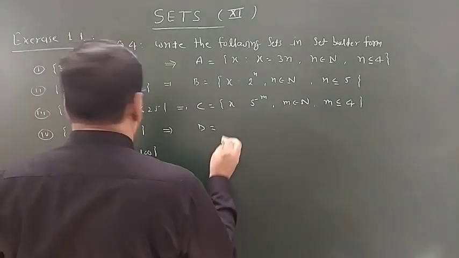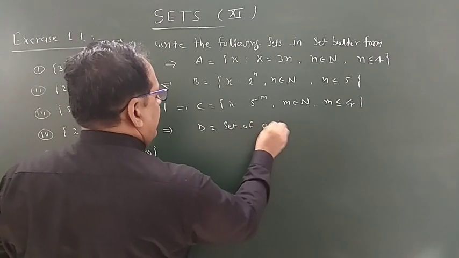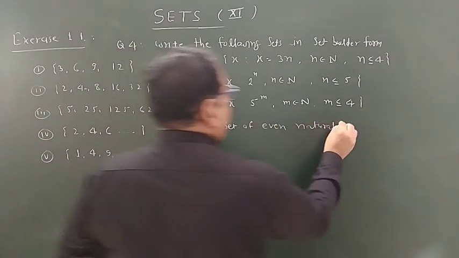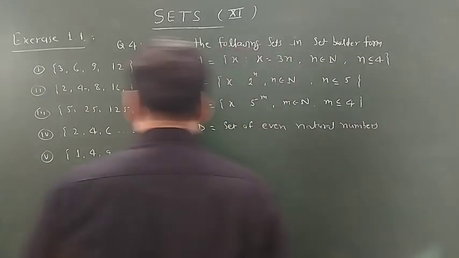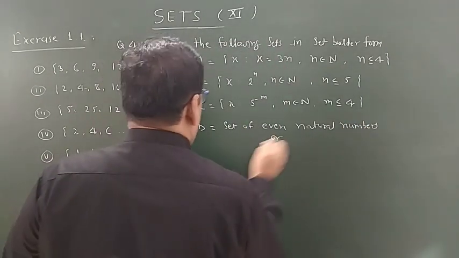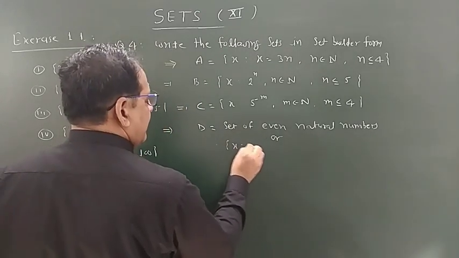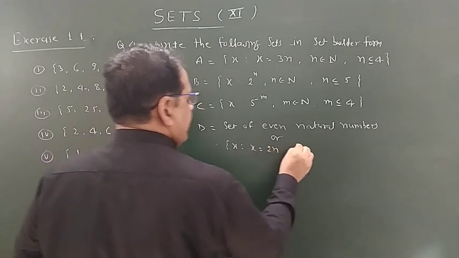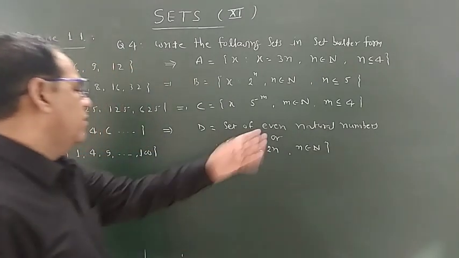So here you can write it as the set of even natural numbers. Or the second way of writing is x equal to 2n, n belongs to N. This is also a way of writing.